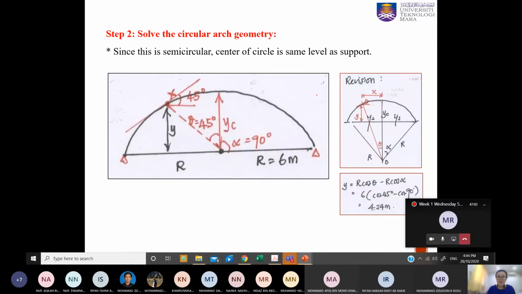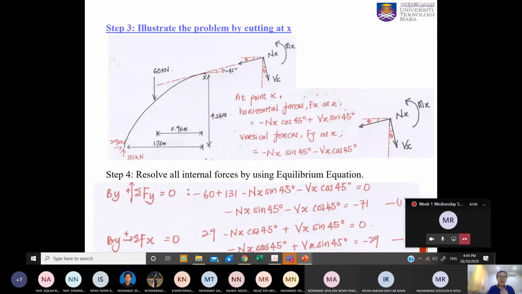Now I want to determine the internal force at X. So you need to be able to draw your internal forces at X. For example, this is your NX, then this is your VX, the shear, and you will have moment.